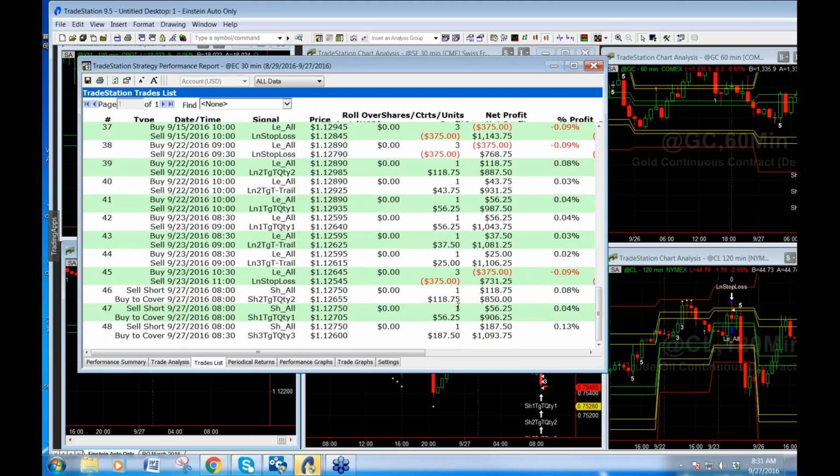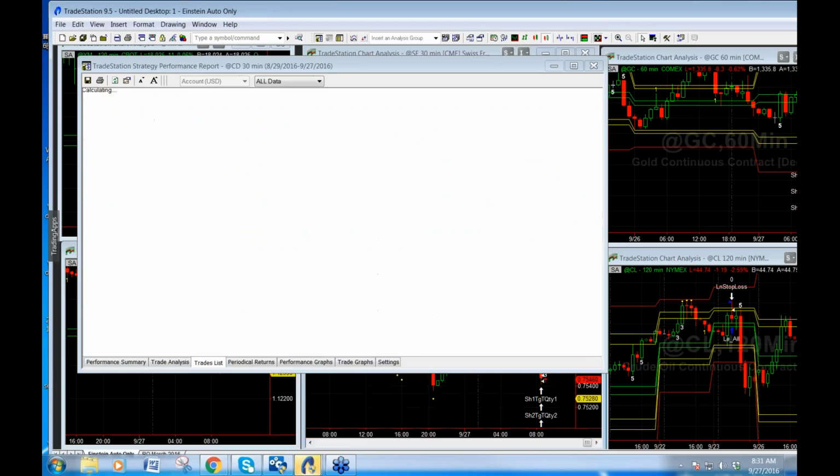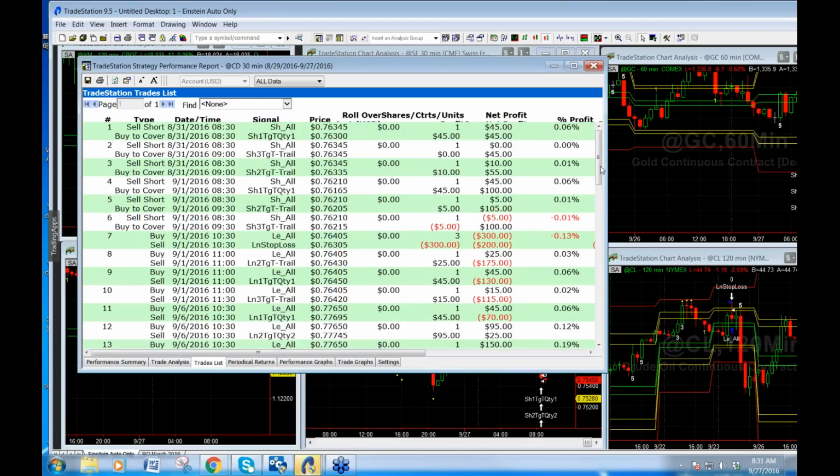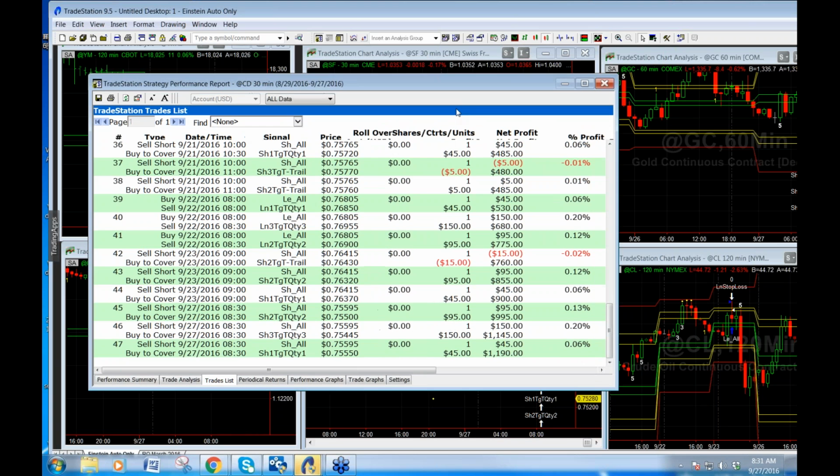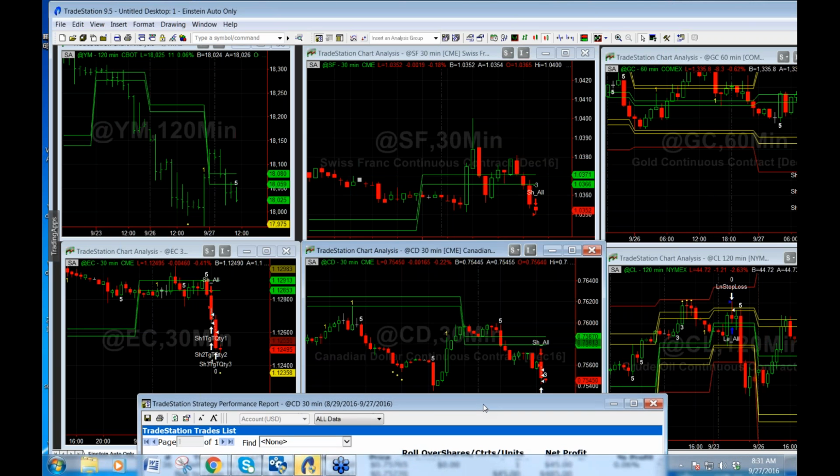So trading 3 contracts with 3 different exits for the euro: $118, $56, and $187. So, yeah, that's sweet. This one is the Canadian, 3 contracts: 95, 150, and 45. And then, am I missing one?